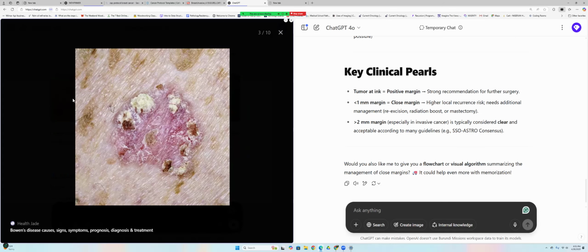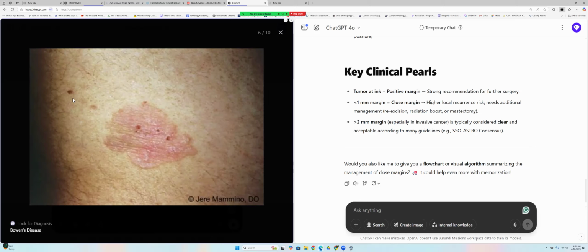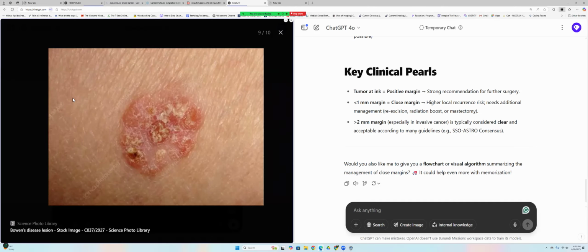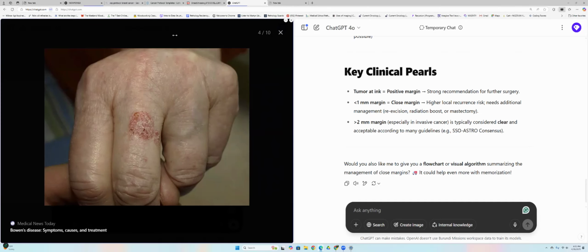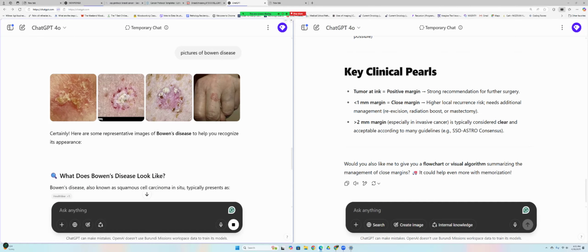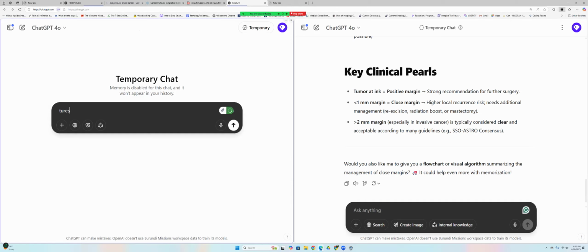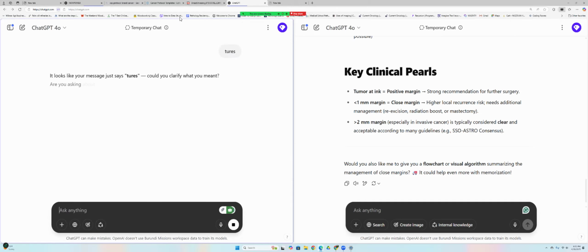This time they bring gross pictures too. Histology pictures, please. Histology pictures of Bowen disease.